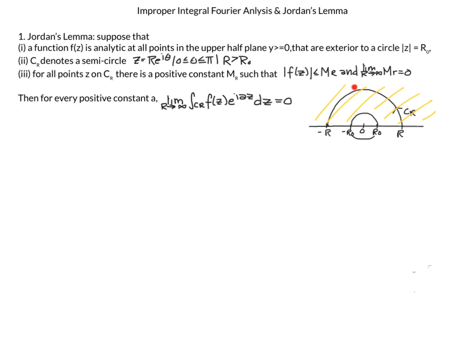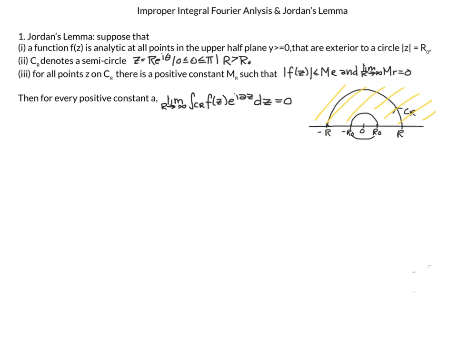So M sub R is greater than all the absolute values of f of z on this C sub R. The second condition is that the limit as R approaches infinity of M sub R is equal to 0.